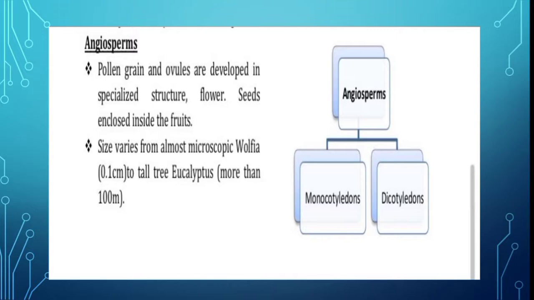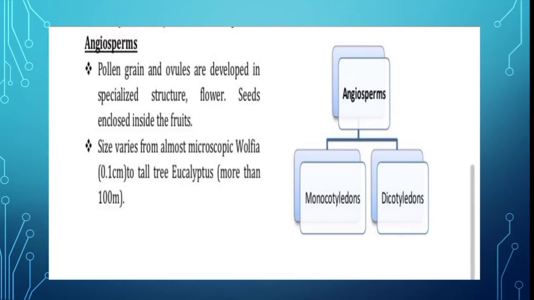Unlike gymnosperms, where the ovules are naked, in angiosperms the sporophylls are organized into flowers and the seeds are produced inside the fruits. Here in angiosperms the seeds are covered by the fruit.